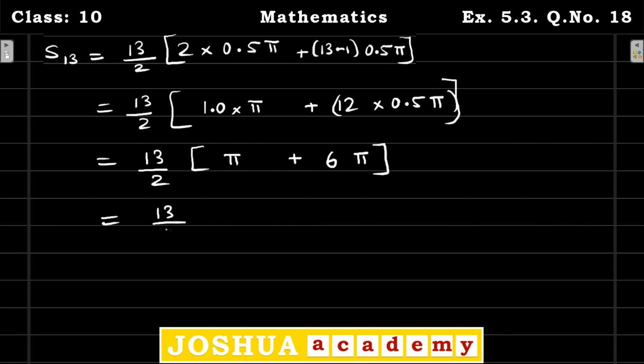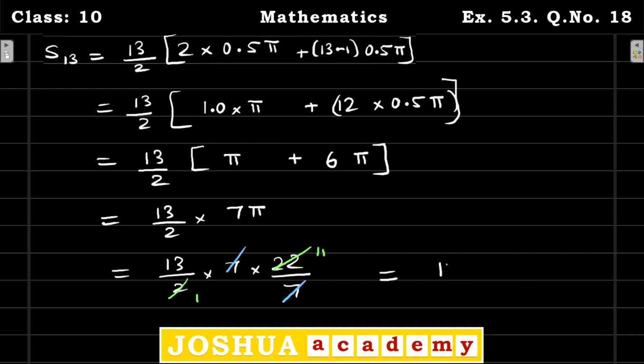So 13 by 2 into 7 pi. Now I substitute the value for pi. As per the question, they asked to use 22 by 7. If the question gives 22 by 7, you have to use that; if they ask to use pi equal to 3.14, you have to use 3.14. Here I cancel some numbers: 7 and 7 cancel, and 2 cancels with 22, leaving 11.